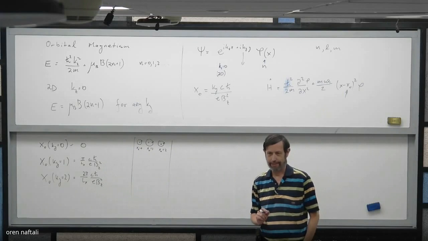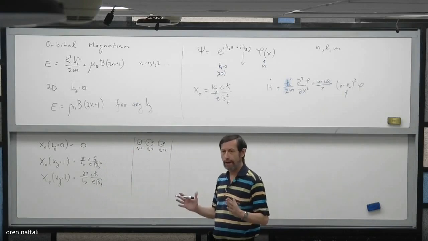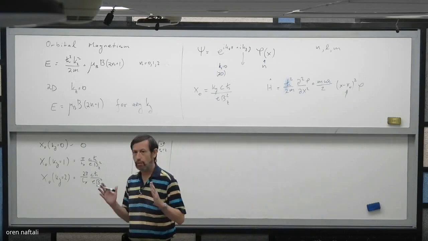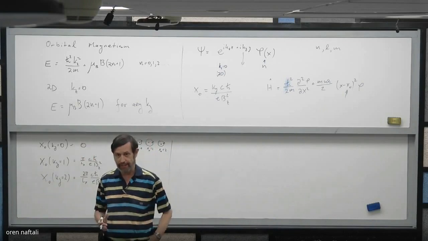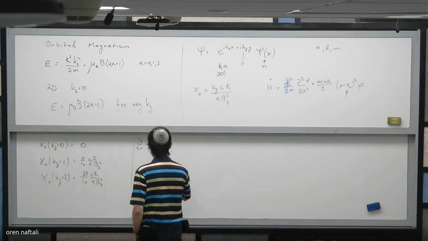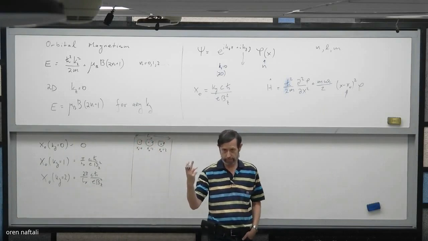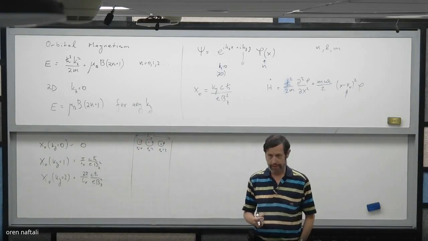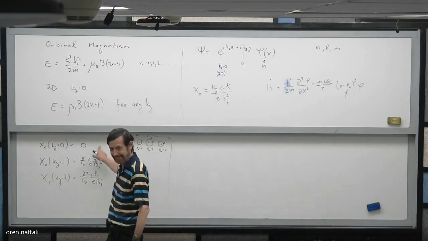ky is continuous. Okay, now if I have an infinite system, it would be continuous. If I have a finite system, let's say I have a finite strip of width Lx, it would be quantized. That's why I wrote it in this way.